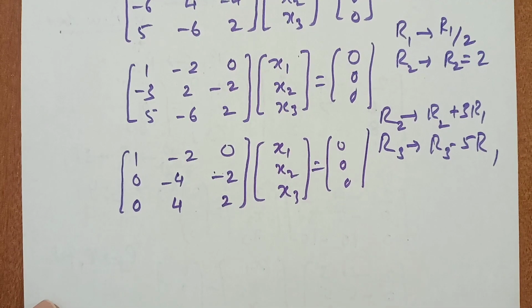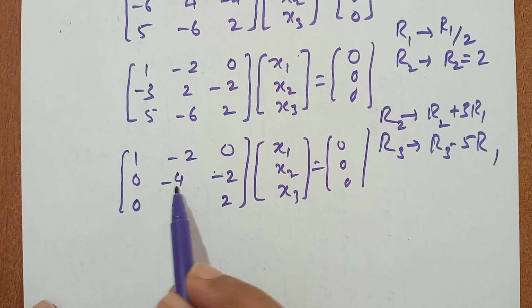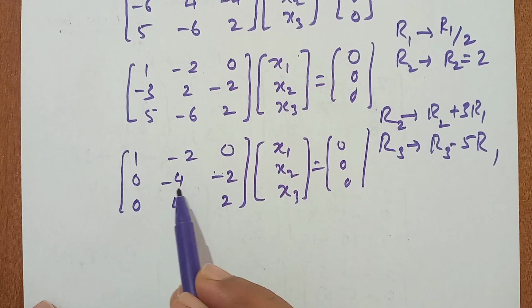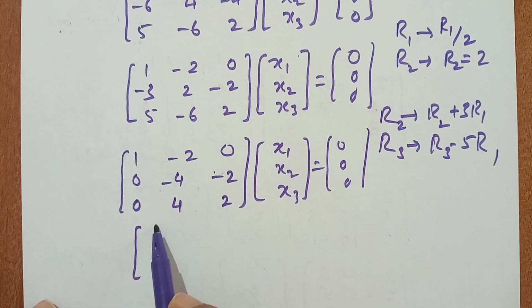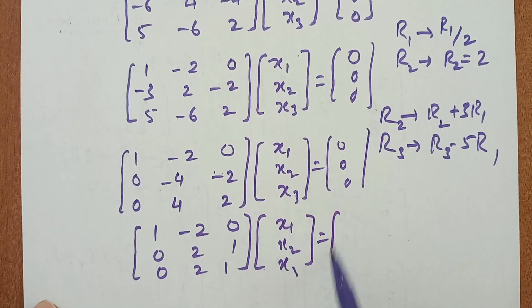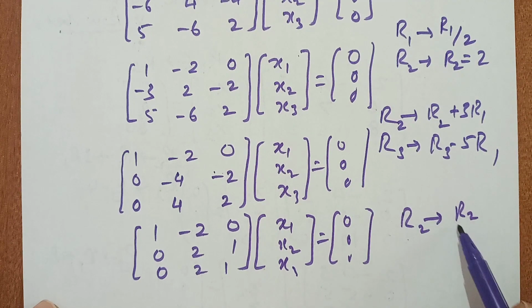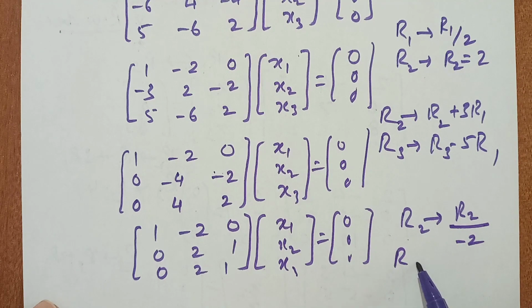Here, looking at the second and third rows, these are the same; if we divide by minus 2, this is 2 and 1, and this is 2 and 1. So 1 minus 2 0, 0 2 1, 0 2 1, times x equals 0 0 0, meaning R2 tends to R2 by minus 2, R3 tends to R3 by 2.